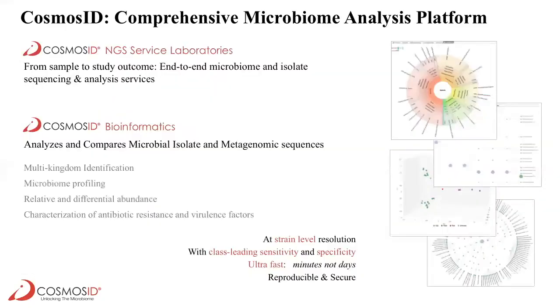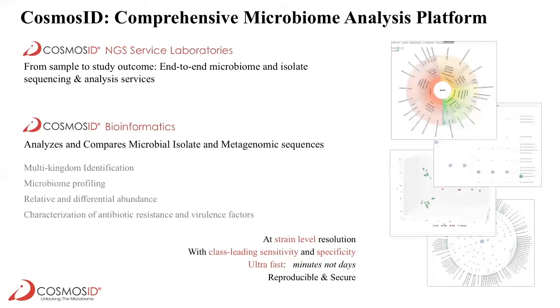To this end, at CosmosID we have put our focus on two different things. One is the NGS laboratory services to produce end-to-end microbiome and isolate sequencing and analysis using industry standard methods.